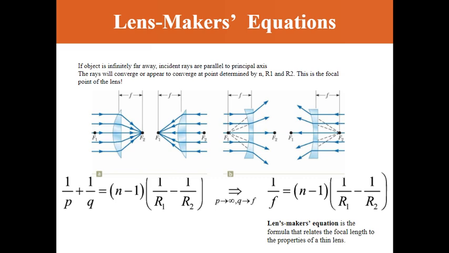When that happens, since we know the light rays will converge at the focal point, we can take the formula and make the object distance infinitely big. What that leaves us is that the image distance will be the focal length. So we get the lens maker equation from that, which tells us that the focal length depends on the index of refraction of the lens and the radius of both sides.